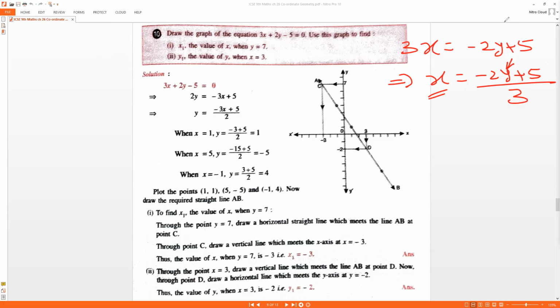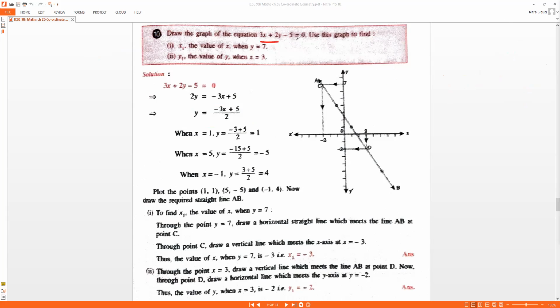This is also correct. But here, since we have a small coefficient of y, it is always better to choose the small coefficient. Okay, so 2y is equal to minus 3x plus 5. So you take 3x and 5 on the other side and you divide both sides by 2. So you get y is equal to minus 3x plus 5 upon 2. Now you assume the value of x as 1, you get y.